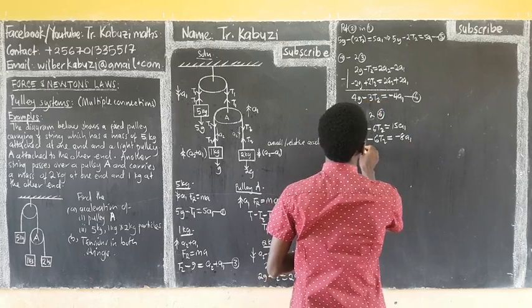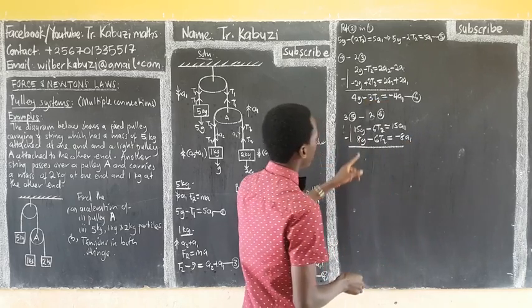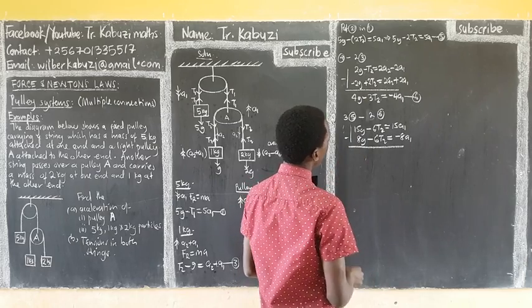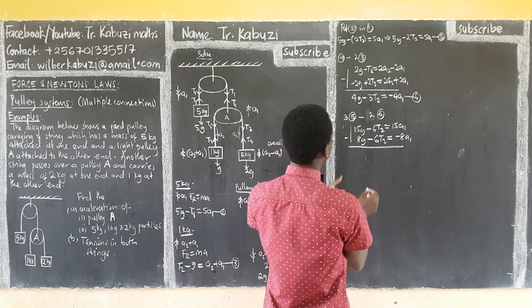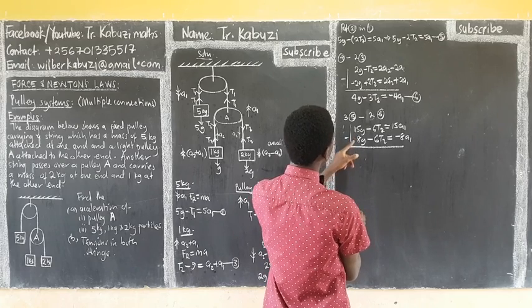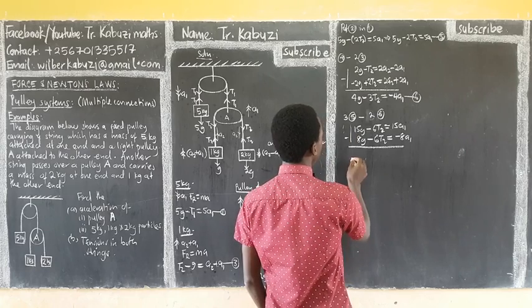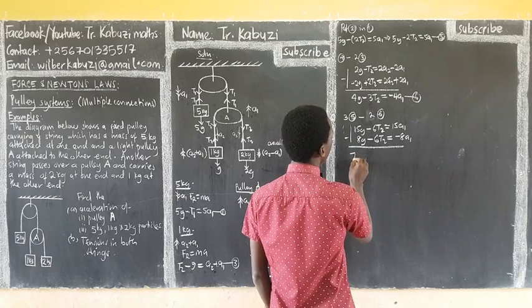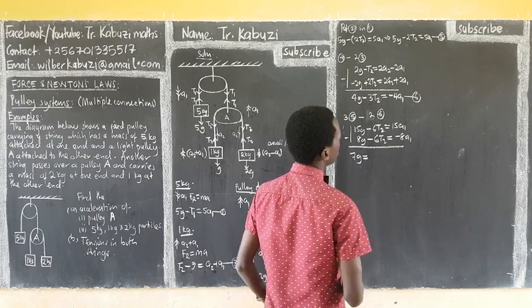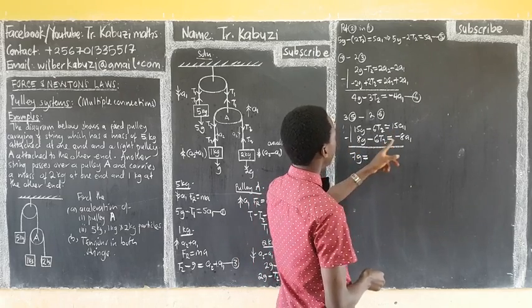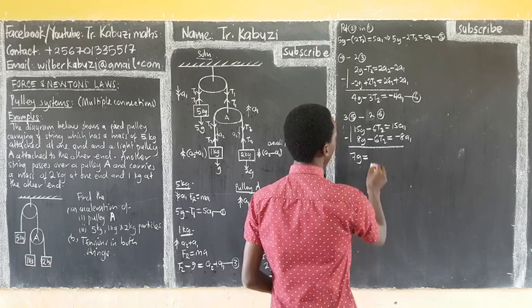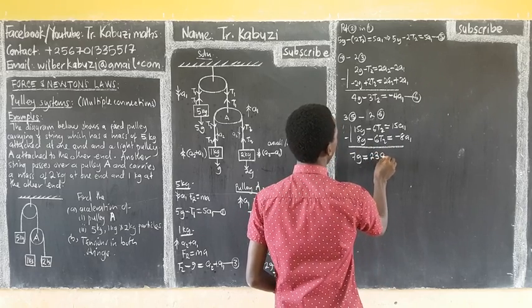Then we subtract this minus this, and it will give us 7g equaling to 23a1.